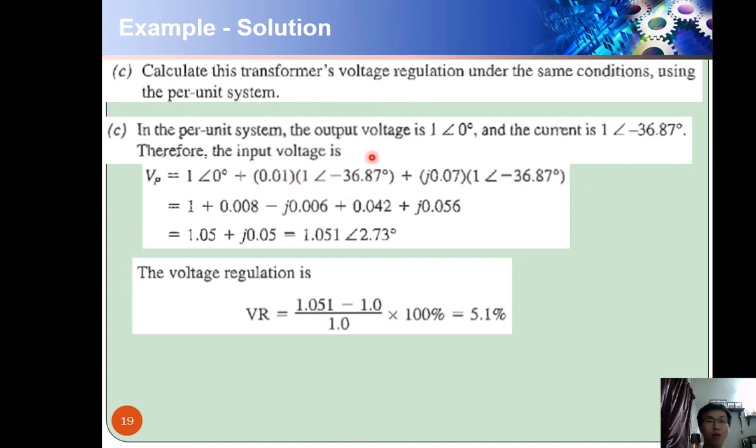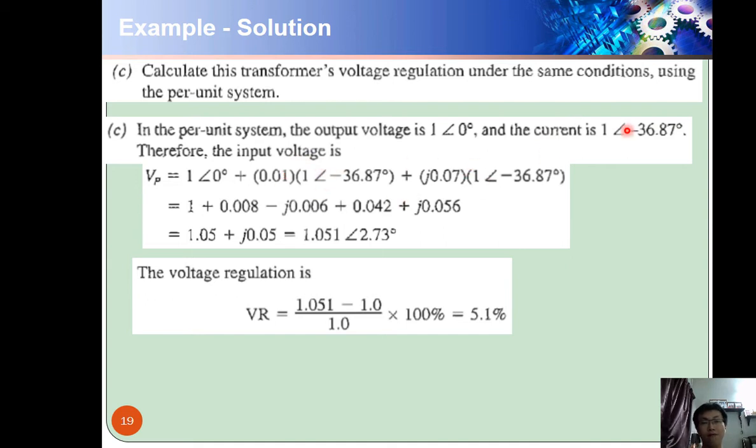Same as well. When it is per unit system, it becomes 1, because 13,800 divided by 13,800 becomes 1. Then this is given, this is 0.8 power factor.